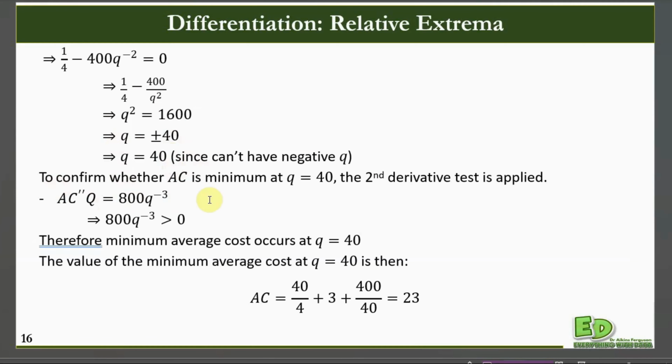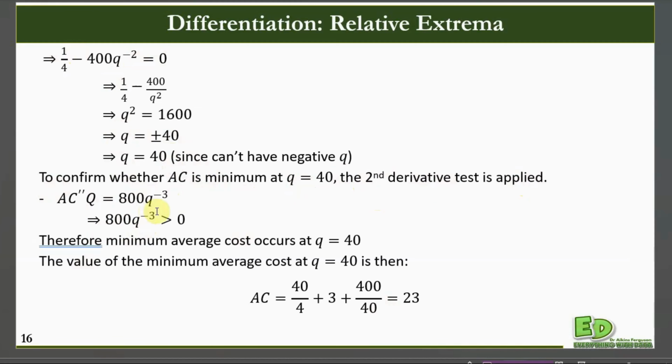To confirm whether our average cost at Q equals 40 will give us the least average cost, the second derivative test is applied, the sufficient condition. Take the second derivative of the differential, which is what we have here. If you differentiate this function over here, you are going to get 800Q to the power negative 3.